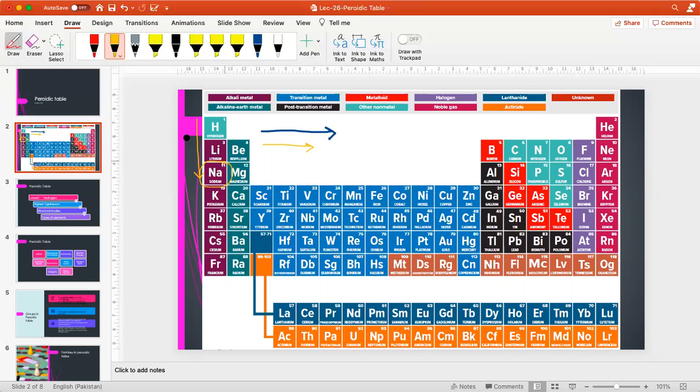Sodium sits in the third period, which means a sodium atom typically has electrons in the first three energy levels.